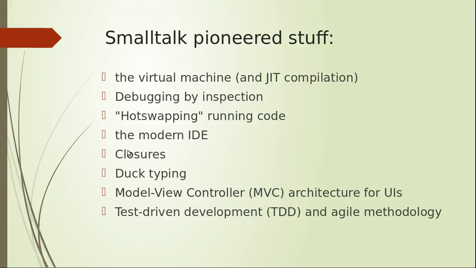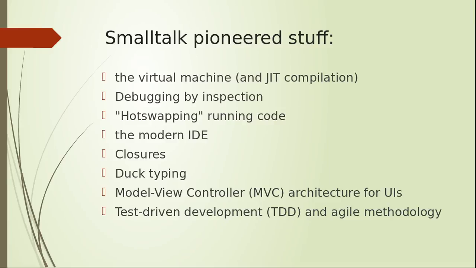Okay, so we went through the code. Everything was just passing a message to an object. That was the main thing. Some of the other things that Smalltalk pioneered, that were not heard of before, were the virtual machine, JIT compilation, debugging by inspection, hot swapping of running code, and the modern IDE.